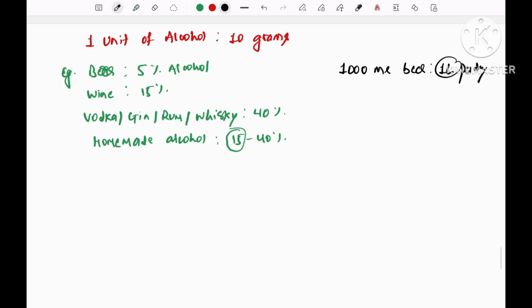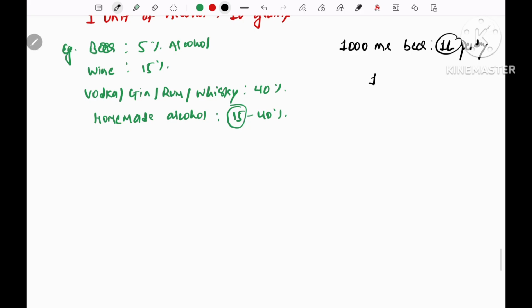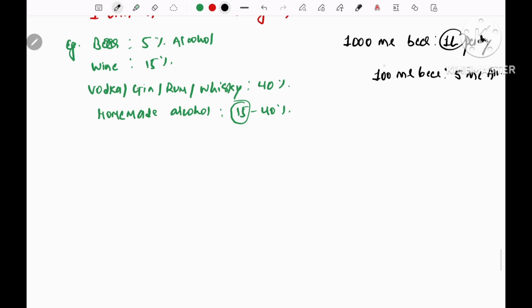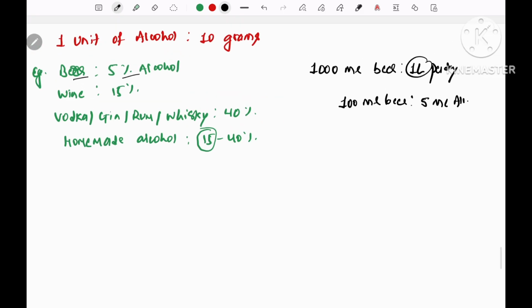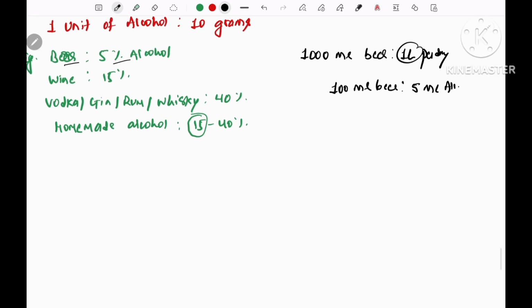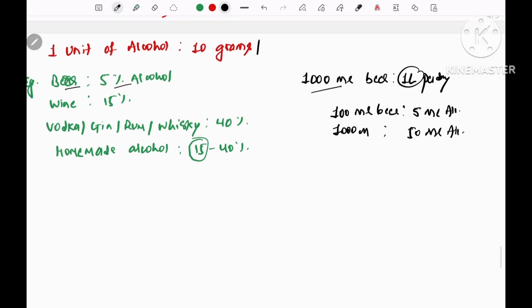We know that beer contains 5% alcohol, so 100 ml of beer contains 5 ml of alcohol. The patient drinks 1000 ml, so that means 50 ml of alcohol. One unit of alcohol is around 10 grams or 10 ml.